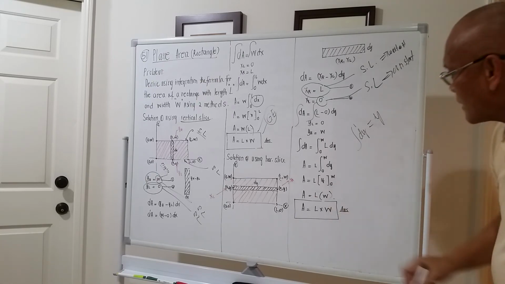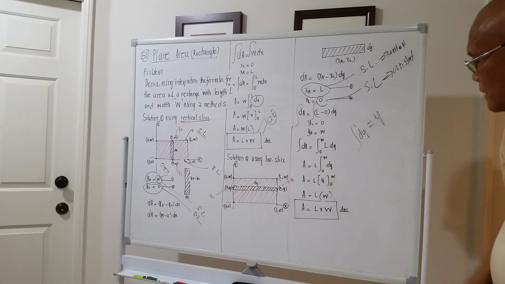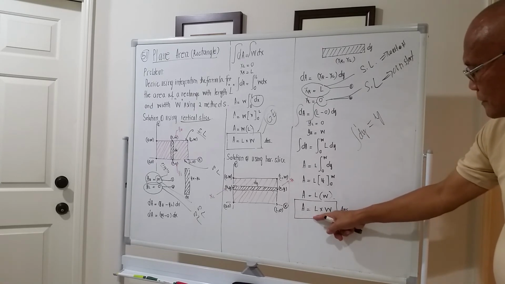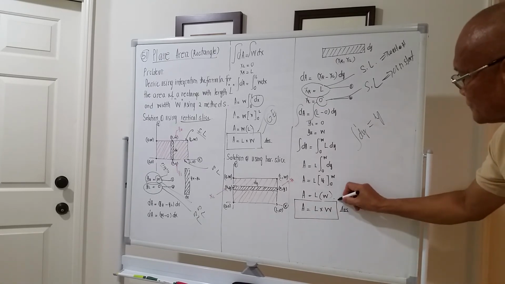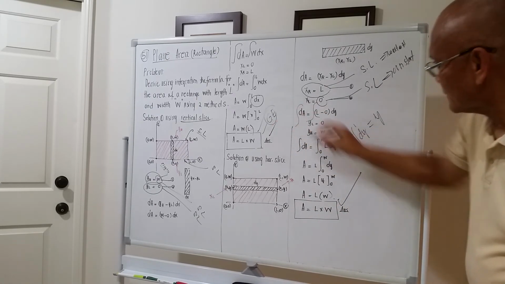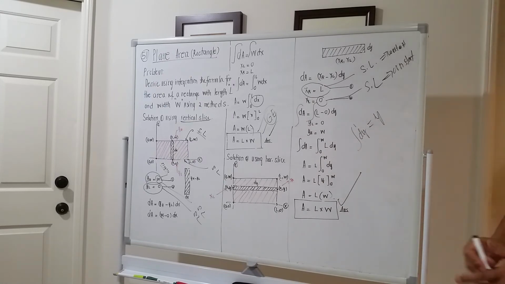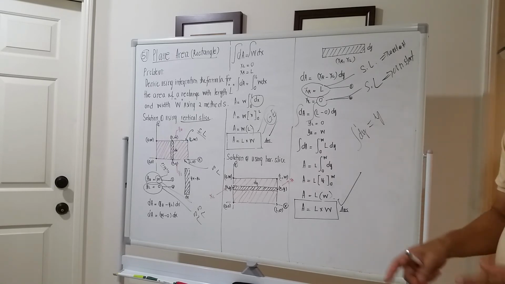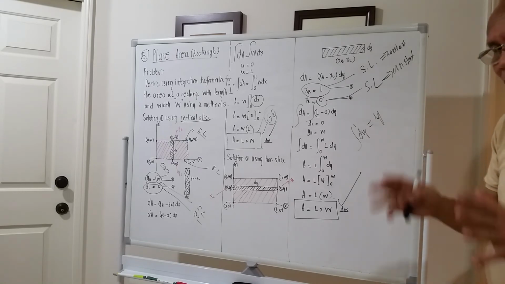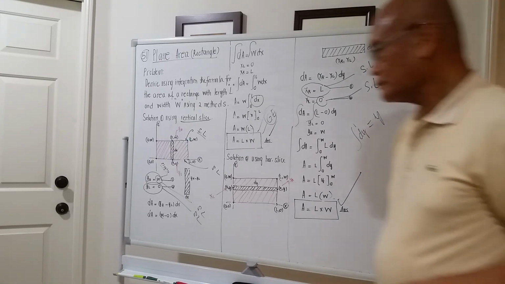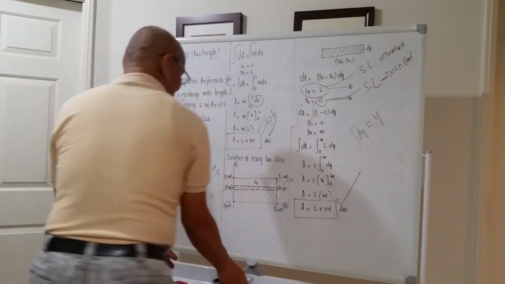So in general now, using solution number 2, area is length times width. It's the same. That's the significance of the two solutions. What will come out on the answer should be the same. We are just presenting two solutions. Okay, guys?